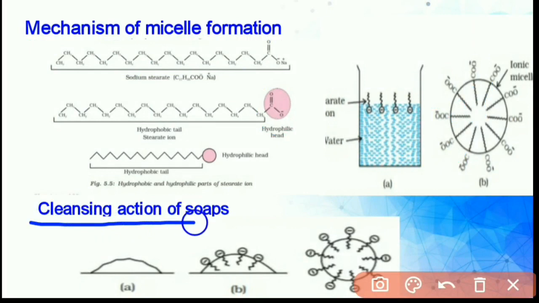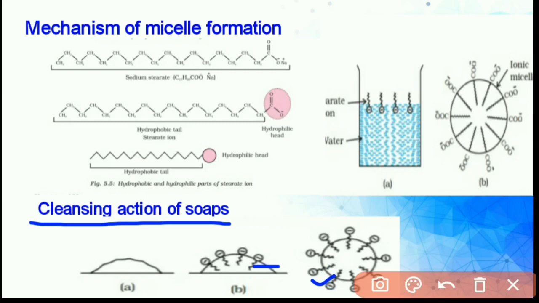Cleaning action of soap molecules. The micelles dissolve oily droplets or dirt by the hydrophobic ends. When we soak our clothes in the soap or detergent solution, the oil and dirt tend to lift from the cloth surface and dissociate into fragments.